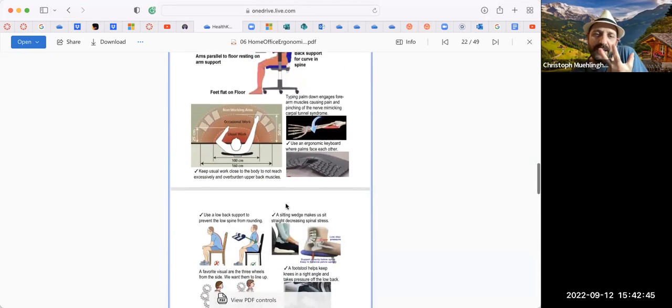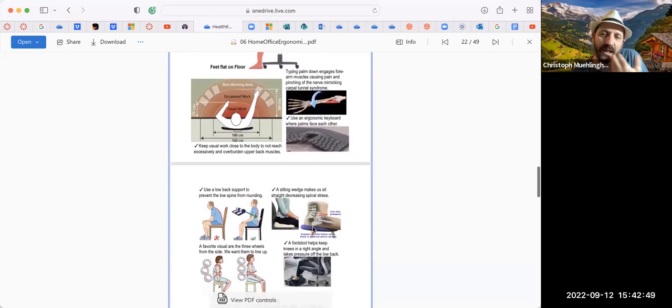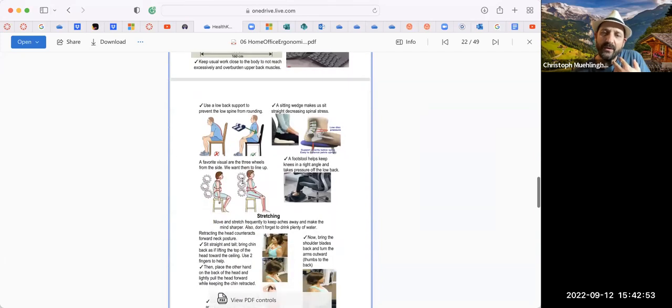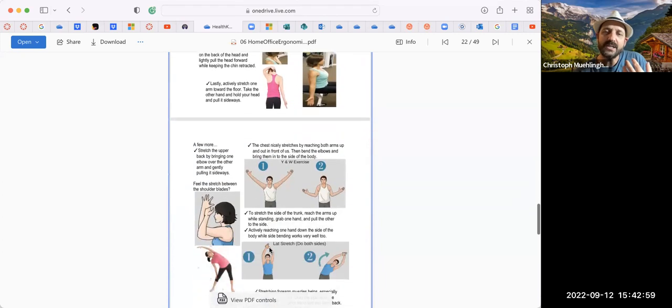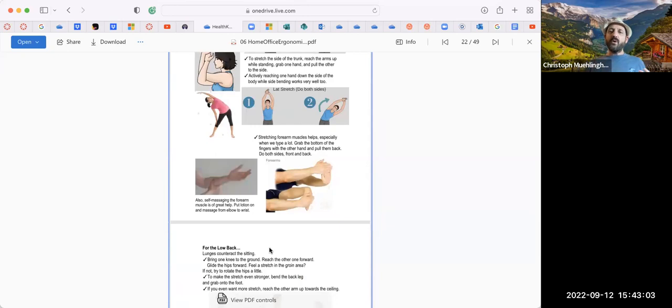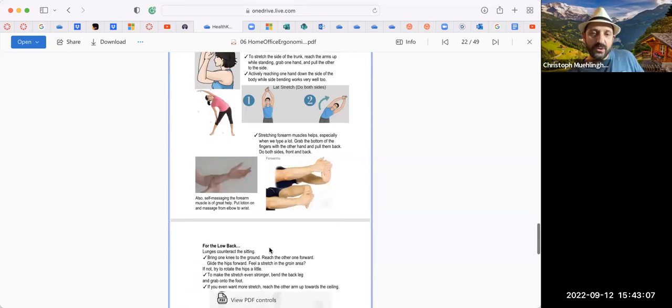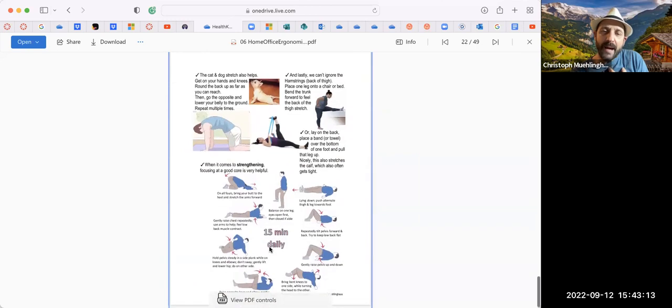Then it gives you ideas, like a pillow behind the back or an inclined seat so you sit straighter, with a visual of sitting straight. And then there are exercises that strengthen muscles weakened by sitting, or stretch the ones that are shortened because we're sitting all the time. That's what this handout is all about.